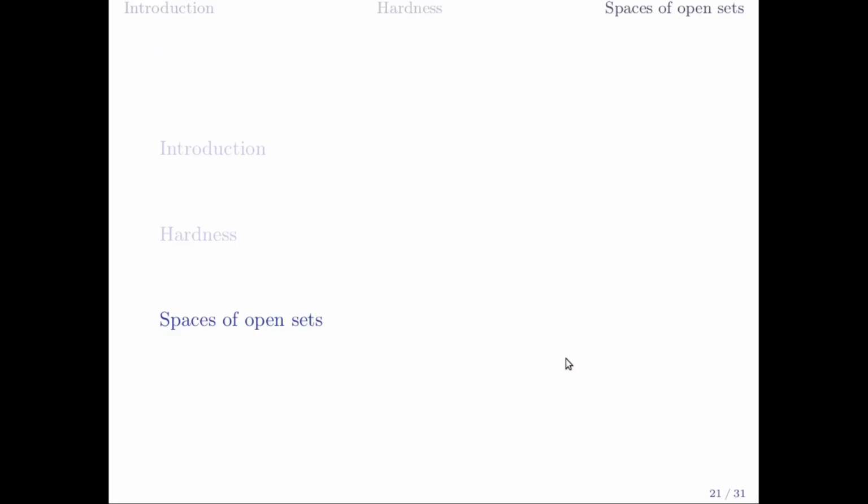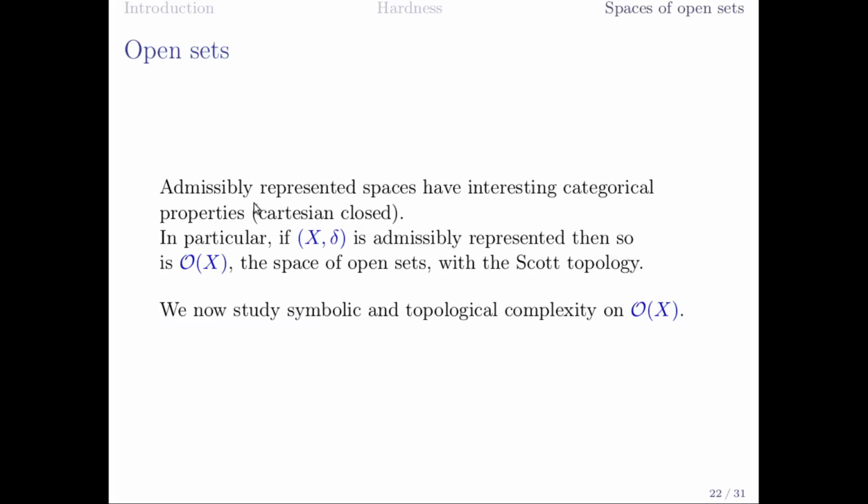And now we will look at a large class of spaces where very interesting and complicated things happen, and we try to classify as much as possible the relation between symbolic and topological complexity. They are the spaces of open sets. Represented spaces and admissibly represented spaces are a class of topological spaces which behave very well in terms of categories.